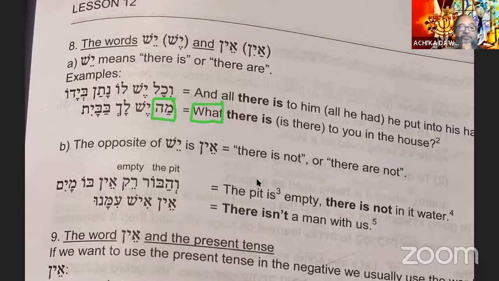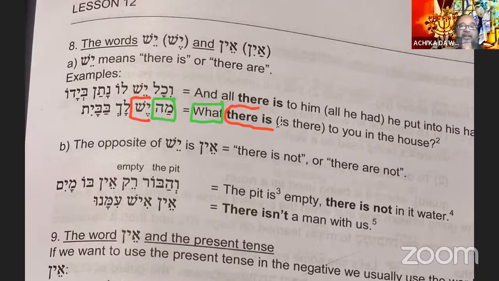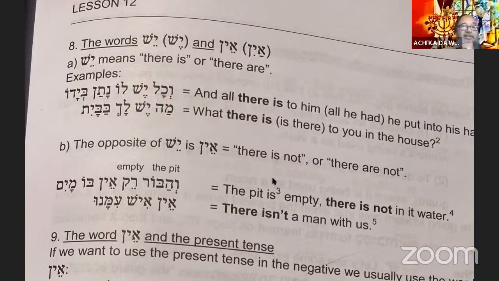Next word. Yes, yes is "there is" right here. Okay. Next word. You got it? Lock. Lock. Perfect.